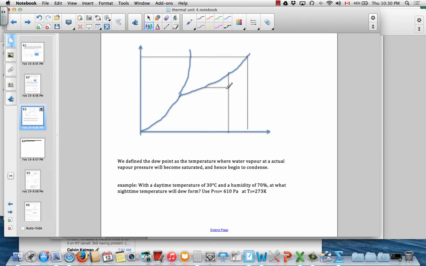If we look at a graph, then we might be, say, here on a given day. So at some air temperature T, let's extend this line over here. This is our actual vapor pressure.